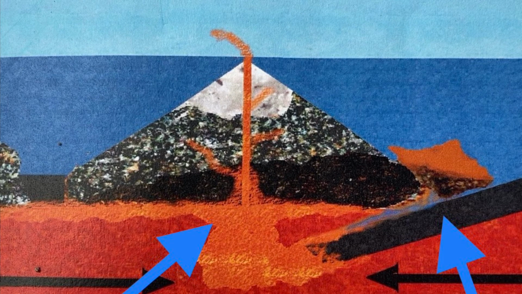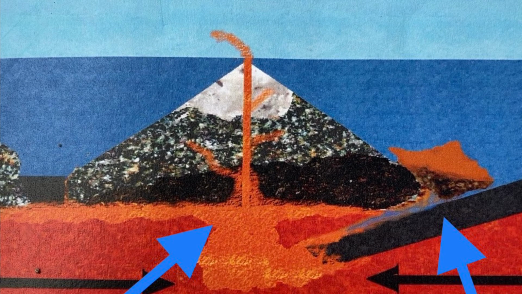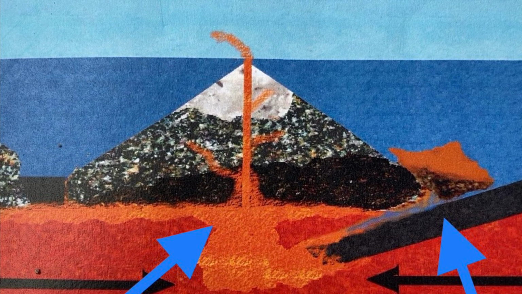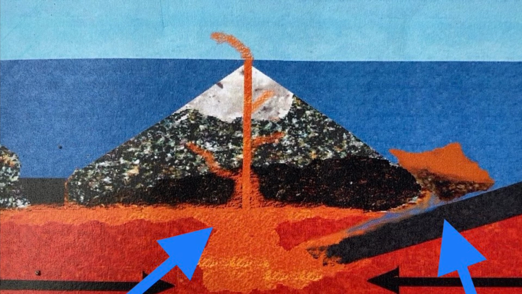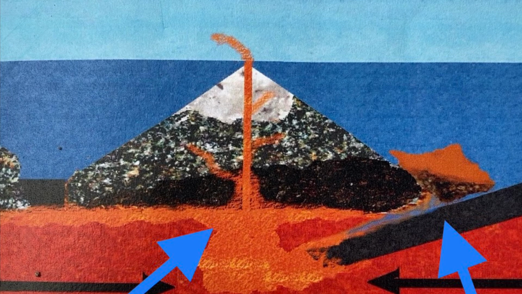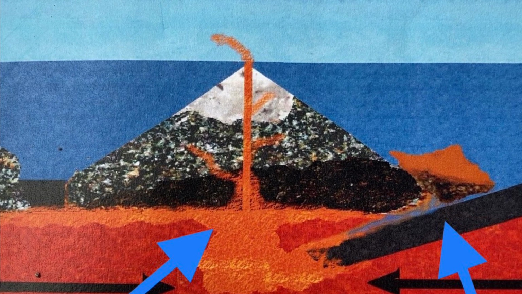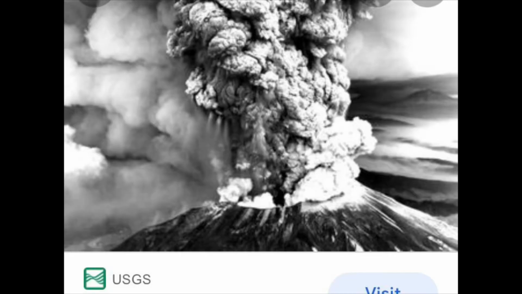It's very thick because the silicon bonds are very strong. And as the pressure builds and builds and builds, it resists that pressure until finally it can no longer resist it, and it blows. And that's what causes the massive explosions in these stratovolcanoes. Here's the picture of the very violent Mount St.